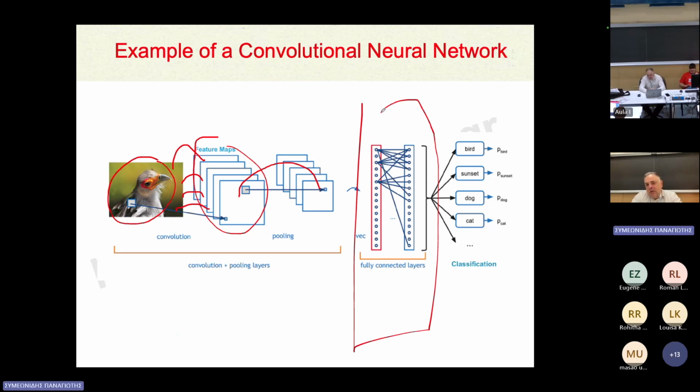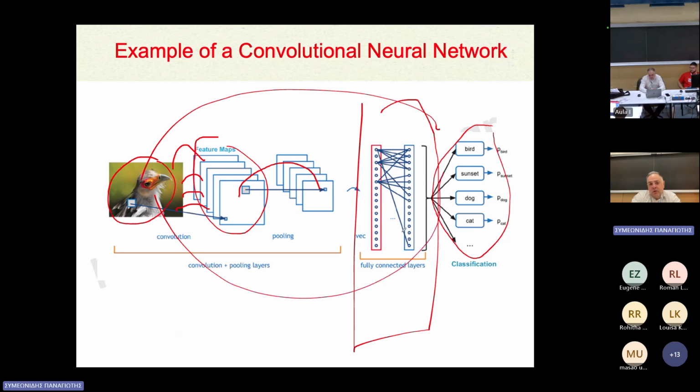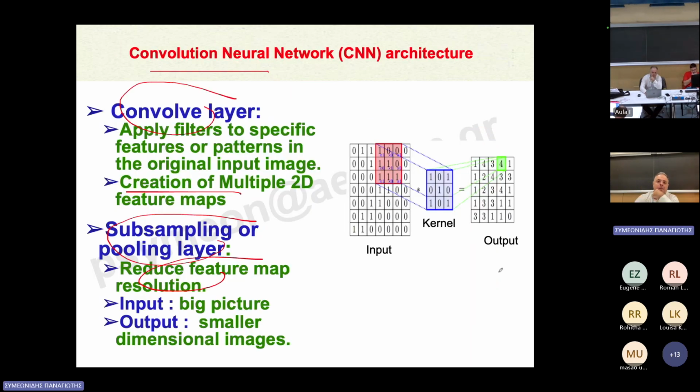And in the end, there is a softmax loss function, which is able to compute if this is a bird, or a sunset, or a dog. There are convolution neural networks right now, like ResNet, etc., which are highly used in such kinds of predictions.